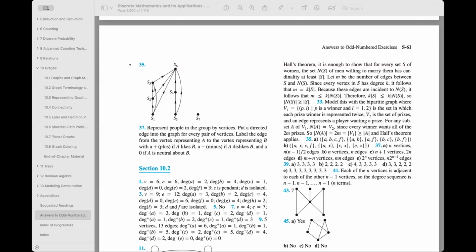You see in these two graphs, this graph has 5 edges, this graph has 5 edges, and this graph has 5 vertices, and so does this.